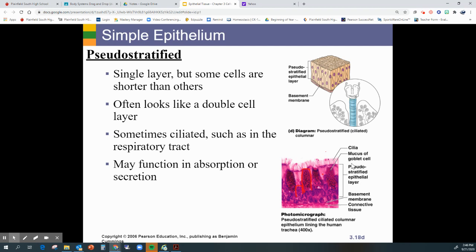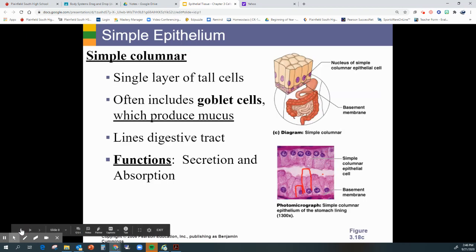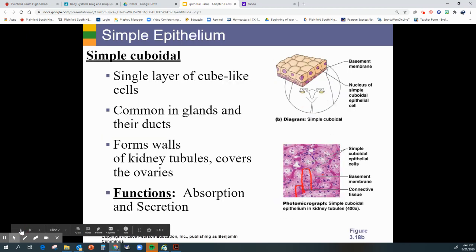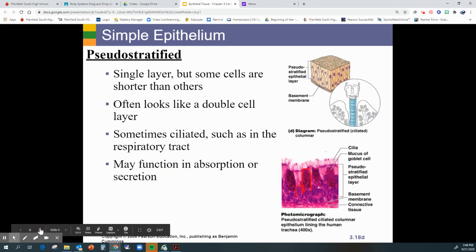They have goblet cells, very similar to the ones we just saw. They're there to do pretty much the same kind of function, absorption as well as excretion. But pseudostratified is most often just found in the respiratory tract, whereas stratified columnar, sorry, I went back too far.